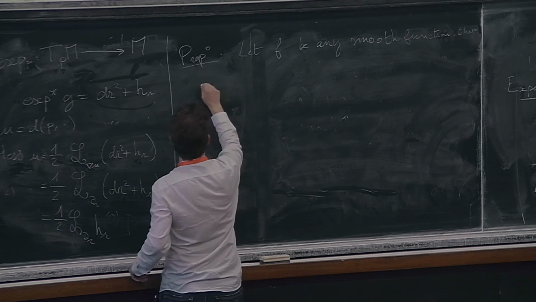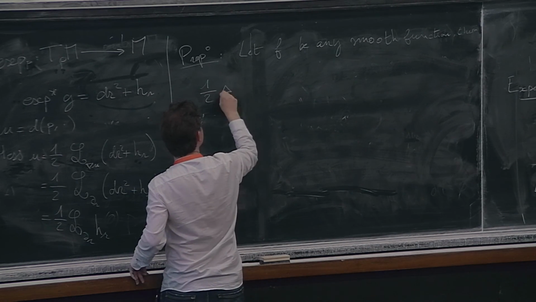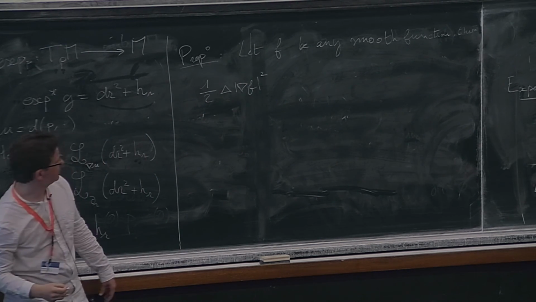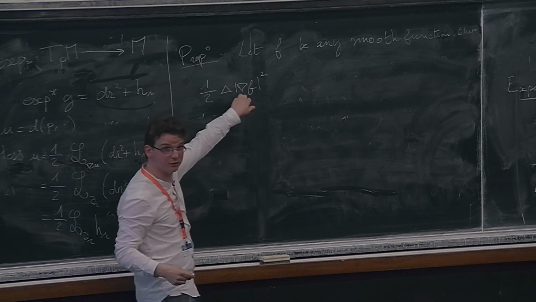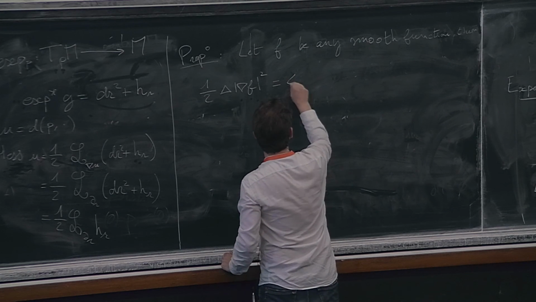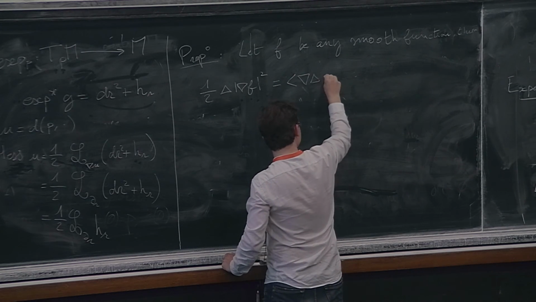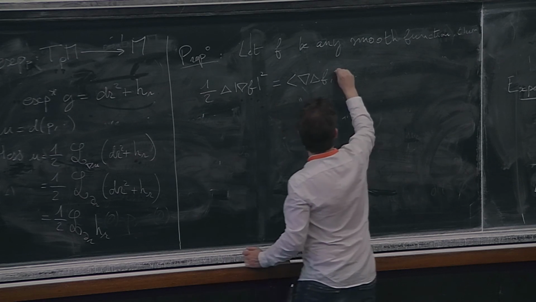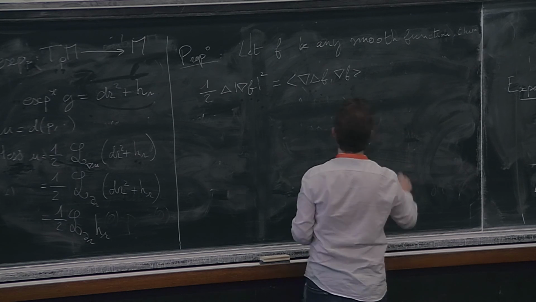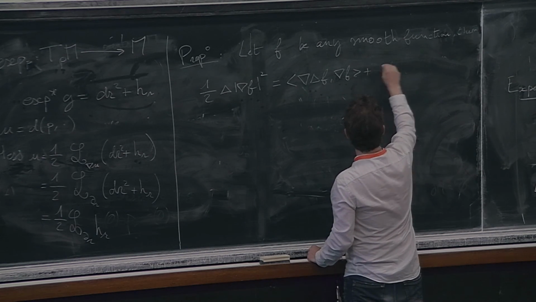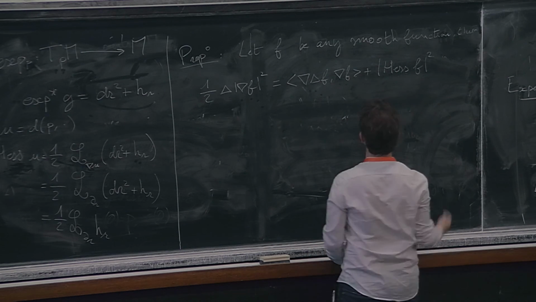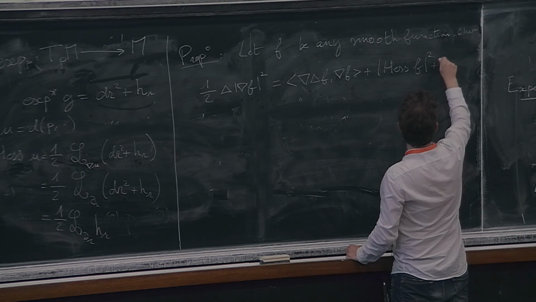okay, what does it tell you? Take 1/2 of the Laplacian of gradient f squared. So this is a smooth function. I can take its Laplacian. This is equal to the gradient of the Laplacian inner product with gradient f plus norm squared of the Hessian of f plus a curvature term.